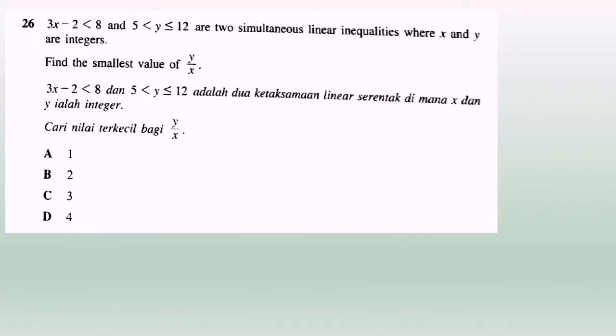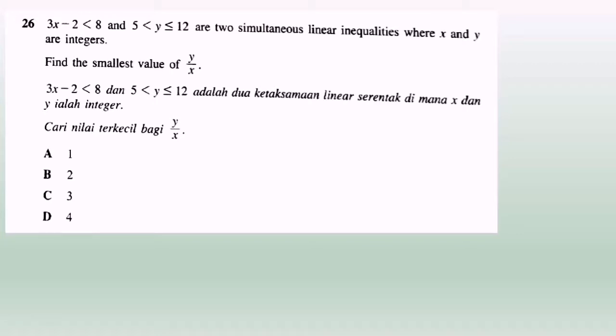Question number 26. Linear inequalities question. 3s minus 2 less than 8 and y greater than 5 less or equals 12 are two simultaneous linear inequalities where s and y are integer. Find the smallest value of y over s.